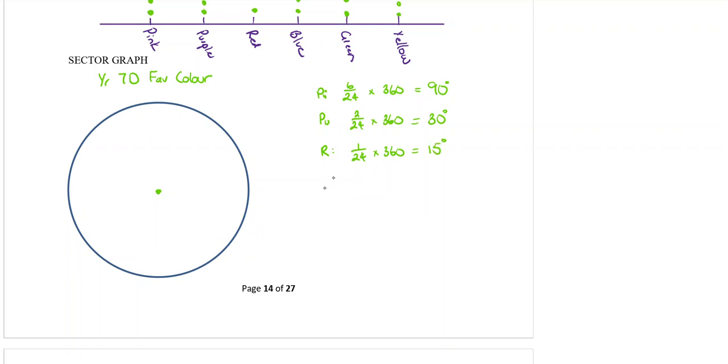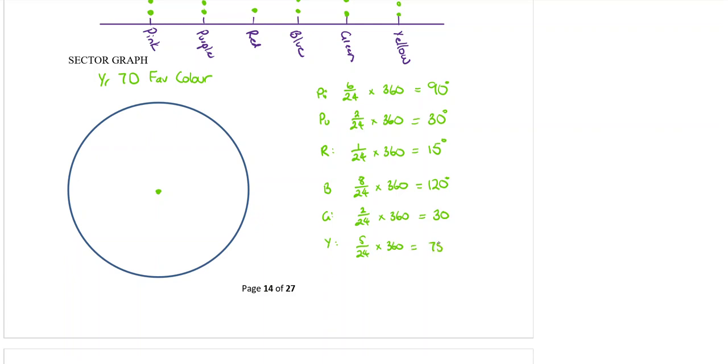Then we need blue, which was 8 people out of 24 times by 360. That's 120 degrees. Green was 2 people, which will make 30 degrees again because we did that calculation for purple. And then last of all, yellow, there is 5 out of 24 times 360.